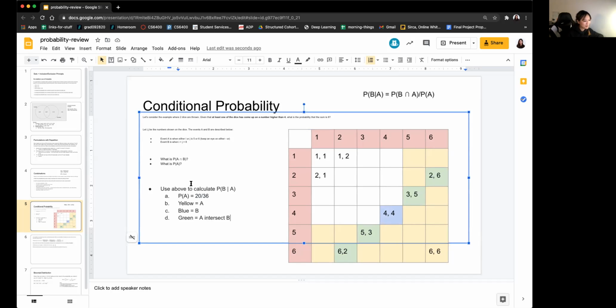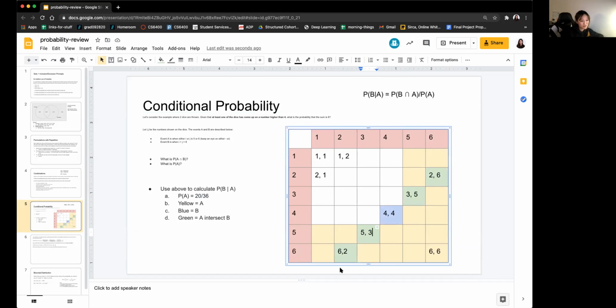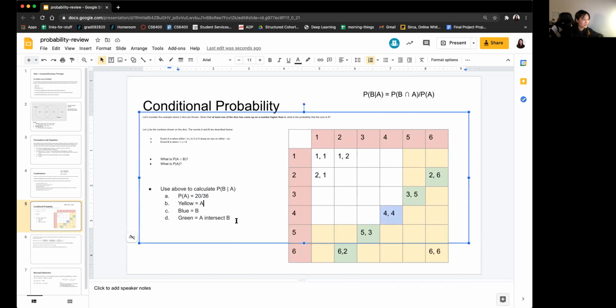What is the probability of A intersect B? The probability of A intersect B is the number of green squares out of the total number of squares. It'll just be 4 out of 36. And then, since we have these two parts together, let me put this separately.